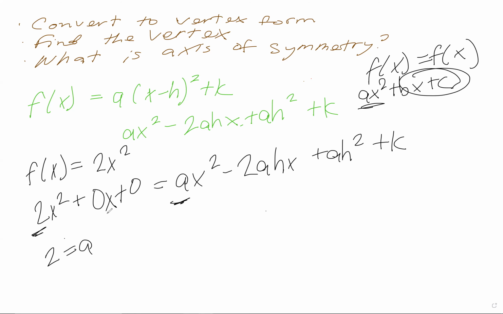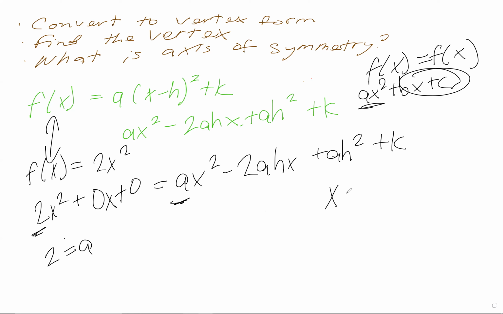How does that work? Well, if we know that f of x is equal to f of x, you can think of it this way: you would get standard form by doing FOIL, right? Okay, that sounds familiar.